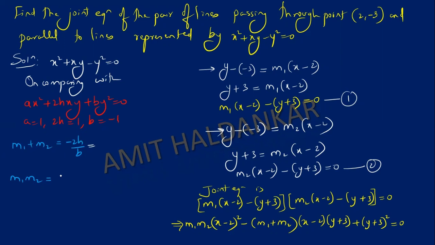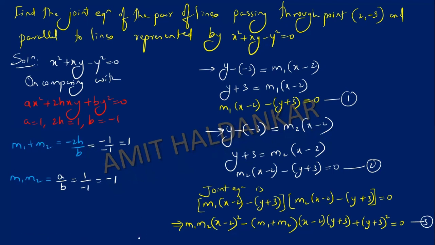This is nothing but the sum of the roots and product of the roots formula. The product m1 into m2 is a by b. So minus 2h is minus 1, b is minus 1, so m1 plus m2 is 1; a is 1 and b is minus 1, so m1 m2 is minus 1. Let's substitute these values in equation number 3 to get the final joint equation.